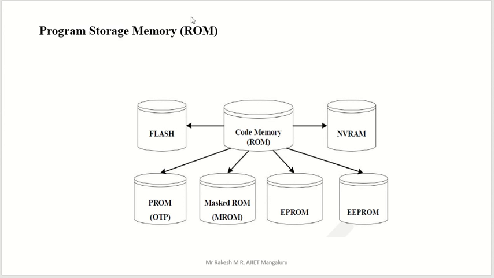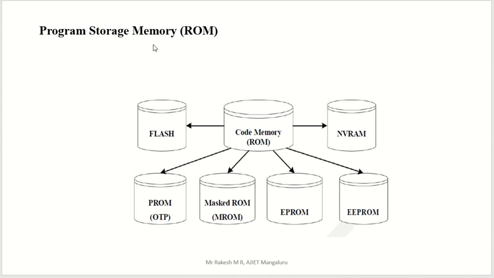Another name for this is non-volatile memory or non-volatile storage memory. Once data or instructions, anything, is stored here, we can call it permanent itself. We can't edit it also; that is permanent.